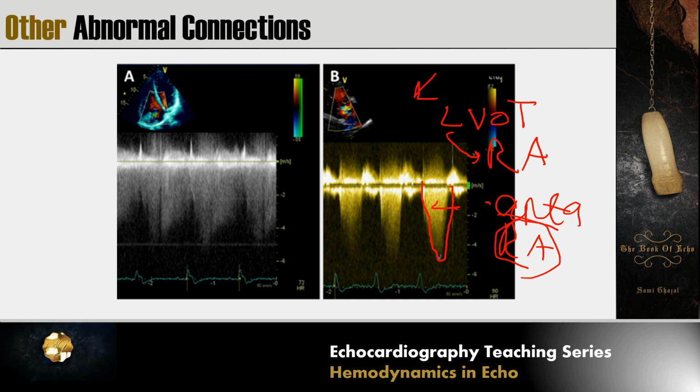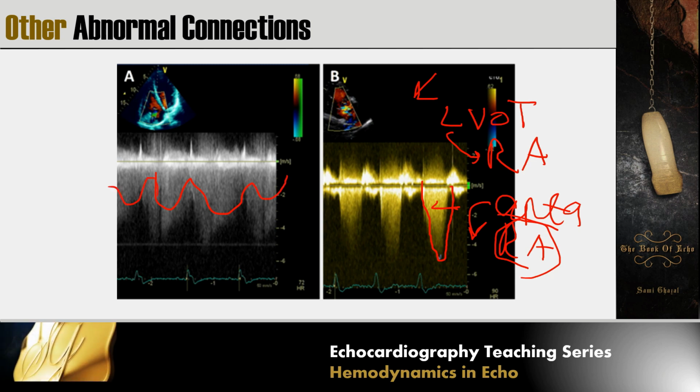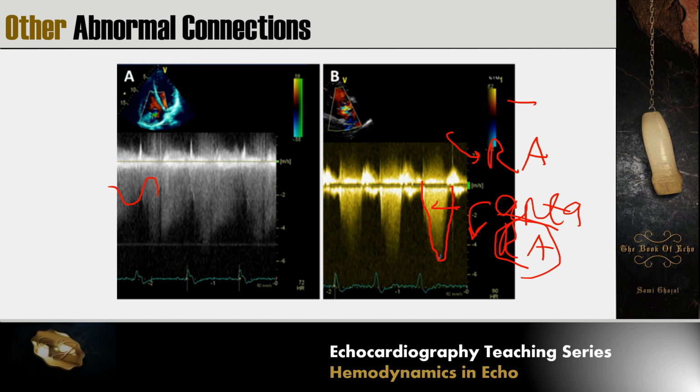So there is a pressure gradient between them all the time. In that case, you will have continuous flow between the two chambers. This is an example of how we can differentiate the site of shunt.